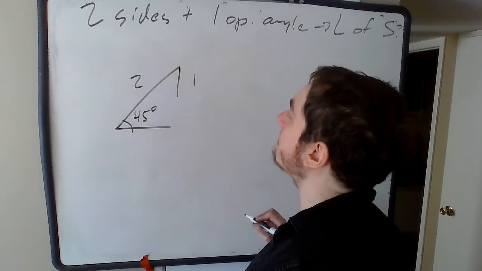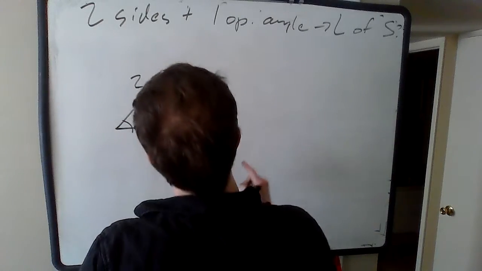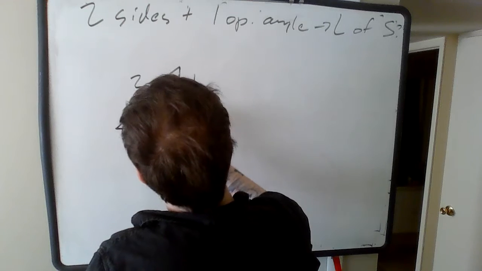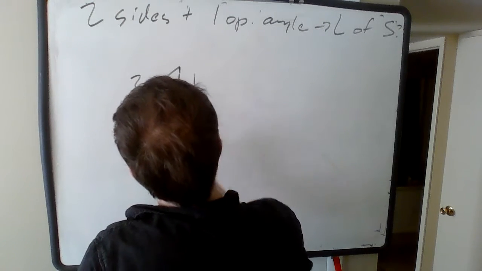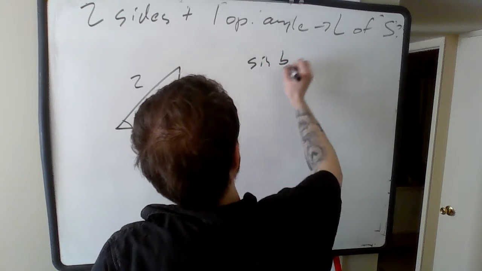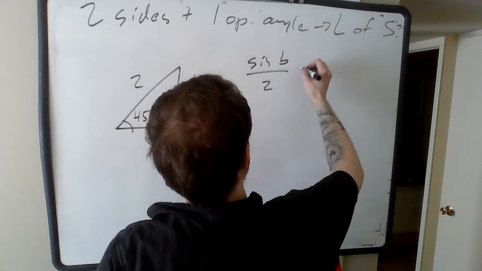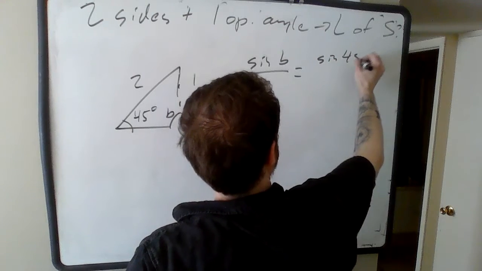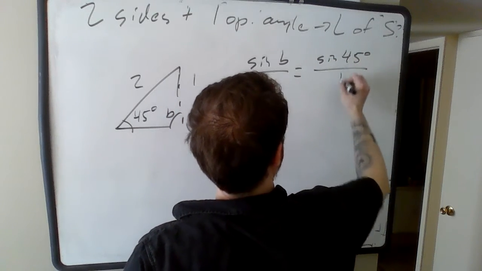Now, the problem is that when you do this, what you would find is that whatever triangle you had here, whatever this angle would be, let's call this little b, you would find that the sine of b over 2 is going to have to equal the sine of 45 degrees over 1.